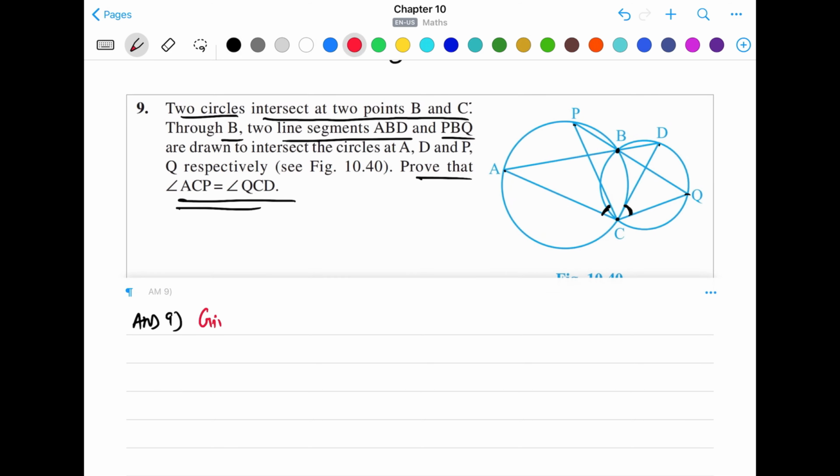Number 9, we'll first mention the given part.